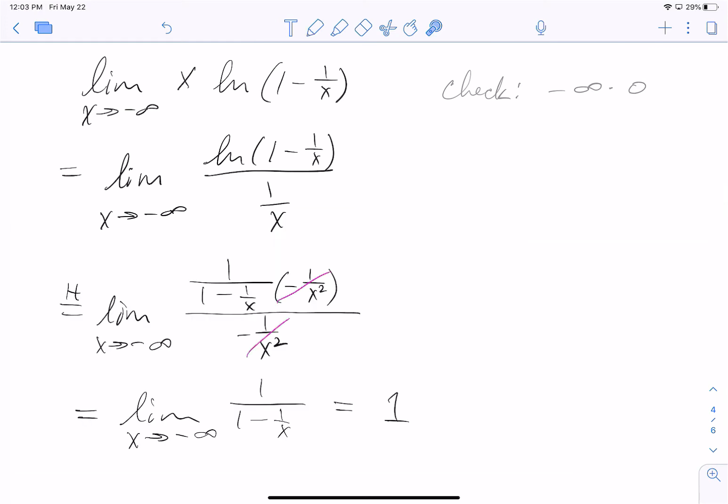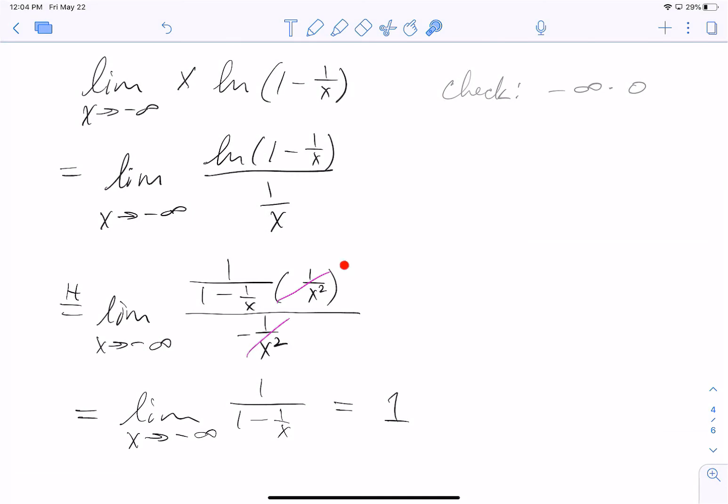Well, the derivative of the natural log is 1 over the argument times the derivative of the inside function, which in this case is going to be positive 1 over x squared. I thought it was going to be negative because 1 over x has a derivative that's negative, but it's preceded by a minus, and so that's a plus. In the denominator, we've got 1 over x, which differentiates to negative 1 over x squared.